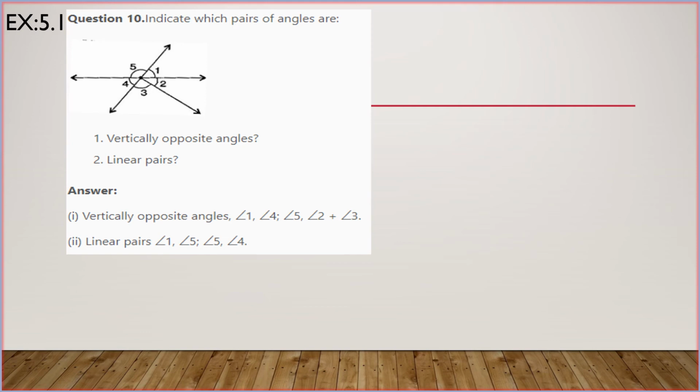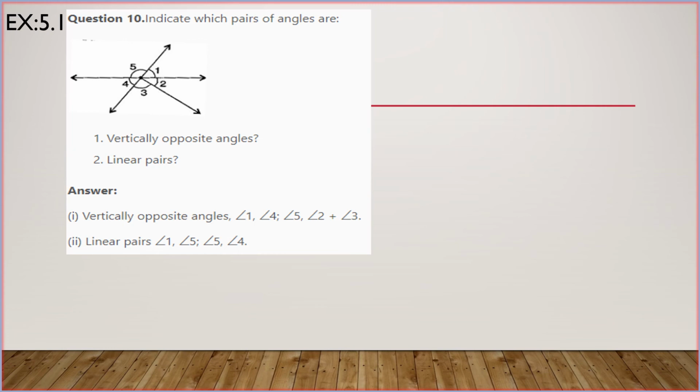Therefore, here we can see two crossing lines. Then easily we can find out the vertically opposite angles. Then angle 1 and angle 4 are one pair of vertically opposite angle. Similarly, angle 5 and angle 2 plus 3, that full angle to be taken. Angle 5 and angle 2 plus 3 are vertically opposite angles.